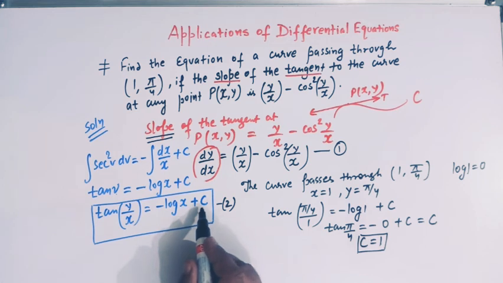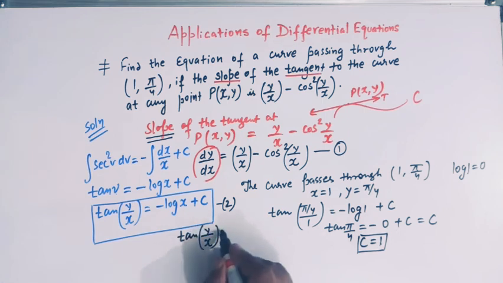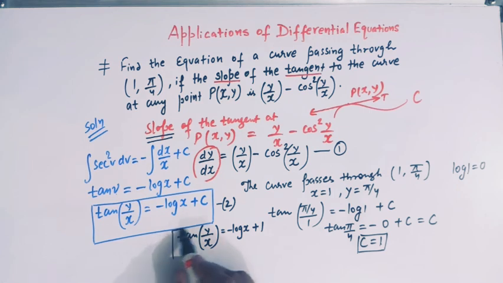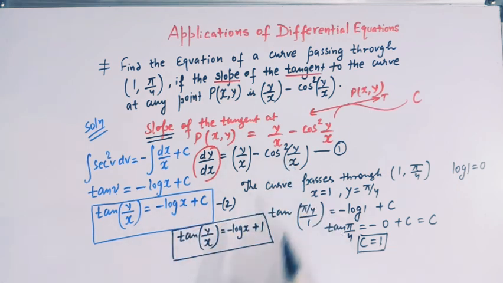So substituting the value of c here, we have tan(y/x) = −log x + 1. So this is the particular solution of this differential equation.